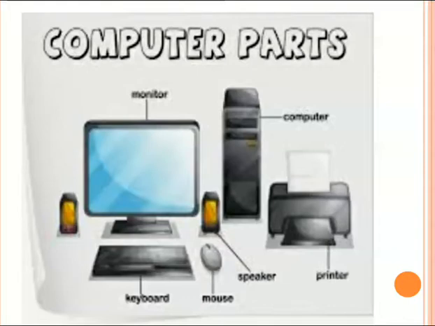It has a CPU part which is marked as computer in this diagram. It has a printer which is attached. It has speakers. It is provided with two input devices, the keyboard and the mouse. Now let me remind you, children, input devices and output devices are different. We will learn about them in detail later.